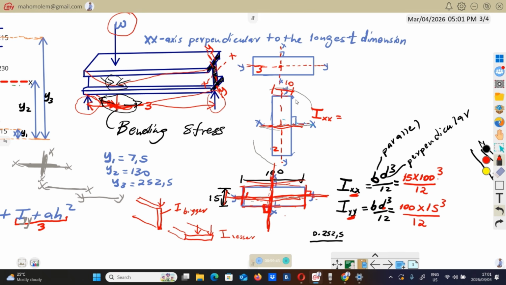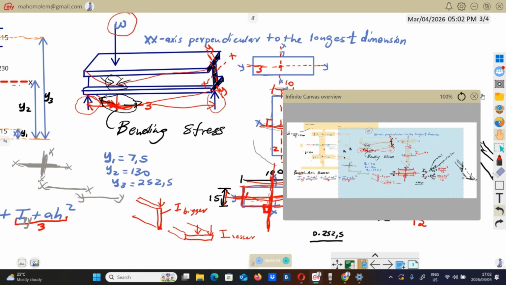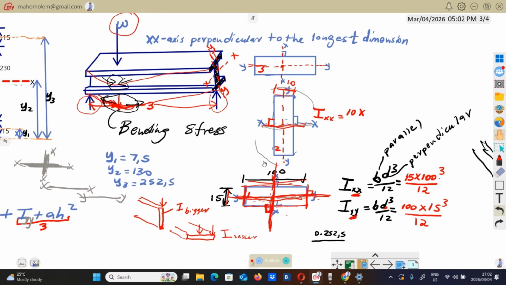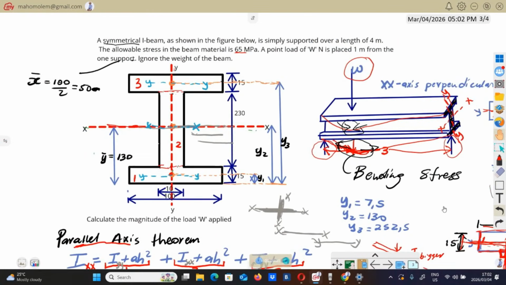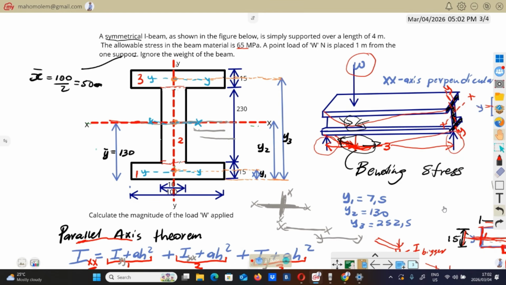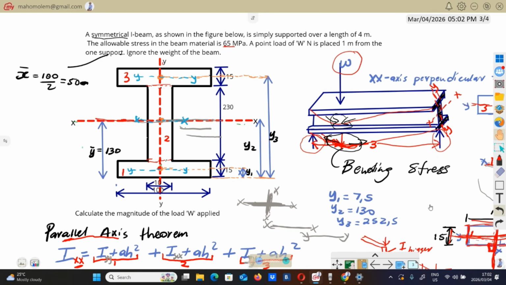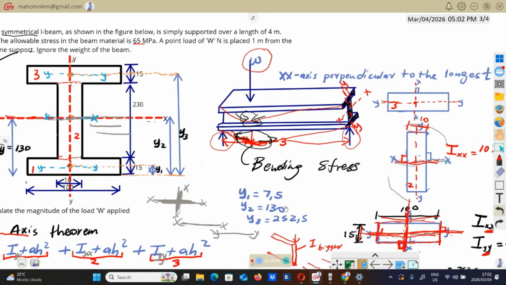So the side parallel to XX is going to be B, 10, multiplied by the side perpendicular to XX, which will be raised to the power 3, meaning that is going to be our D. We said that side is 230.